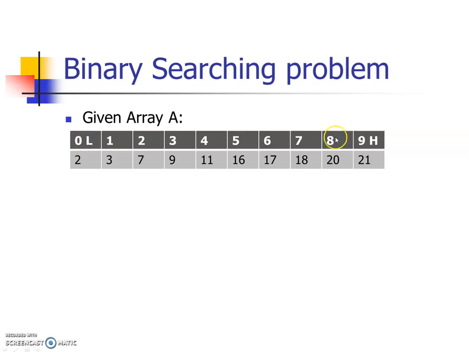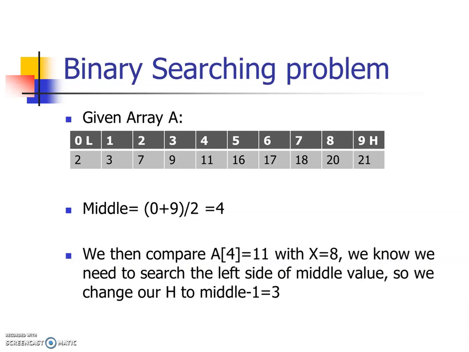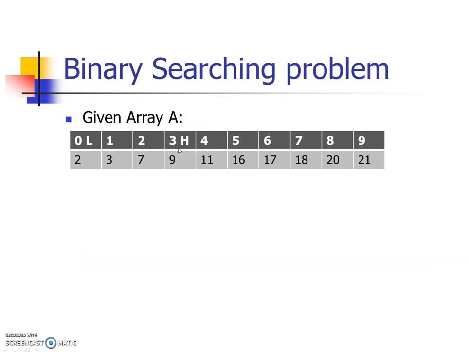With low index 0 and high index, the middle value equals 4. Compare 11 with the value of x, which is 8. We understand it's on the left side, so we move our high index to the left of the middle index. You can see that we threw half of the elements away with that one comparison.